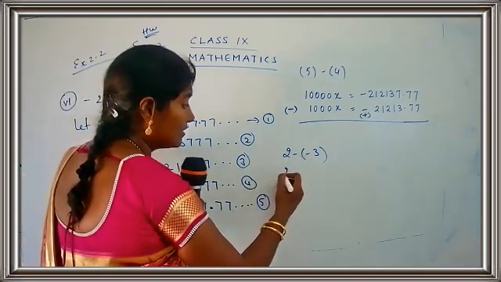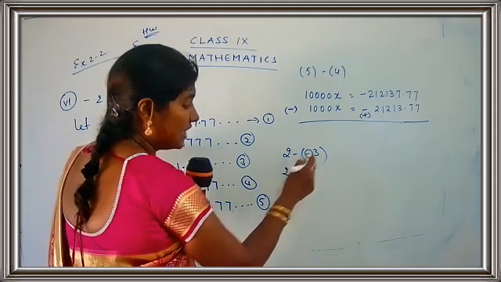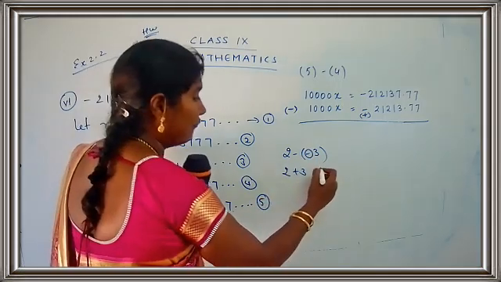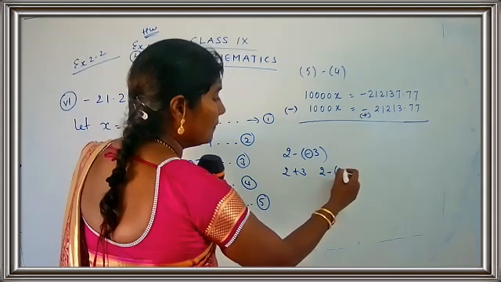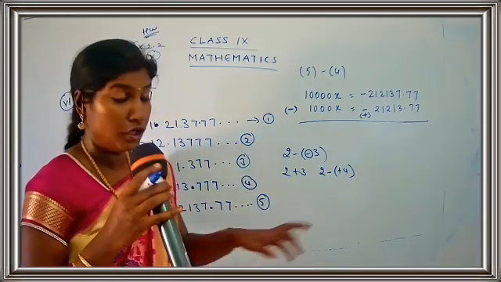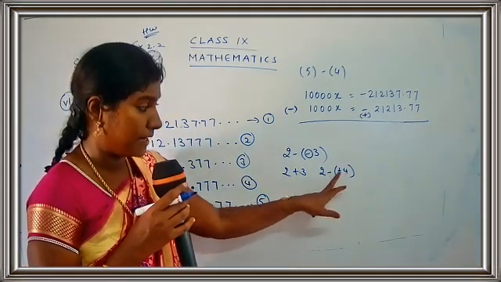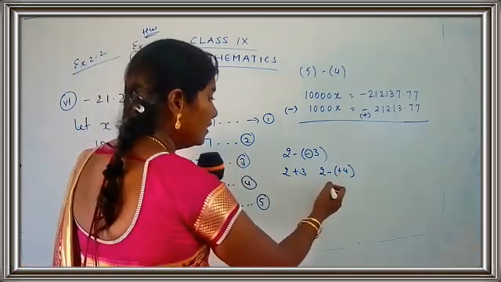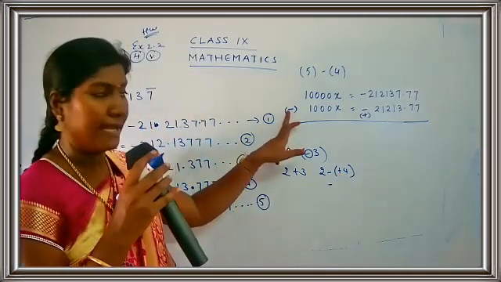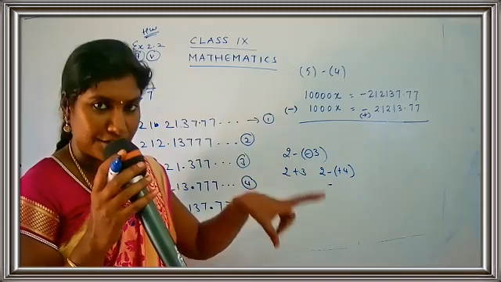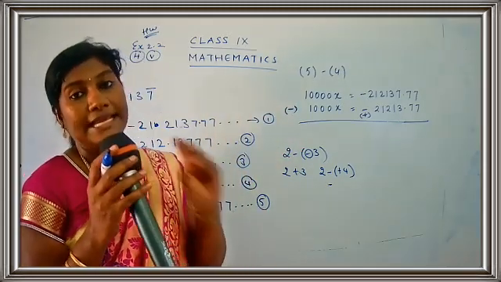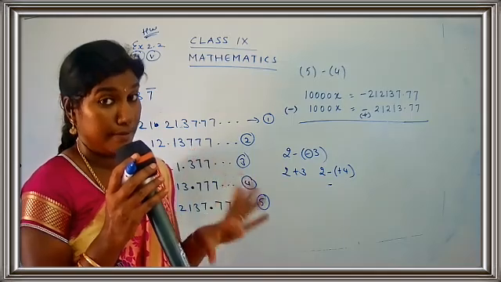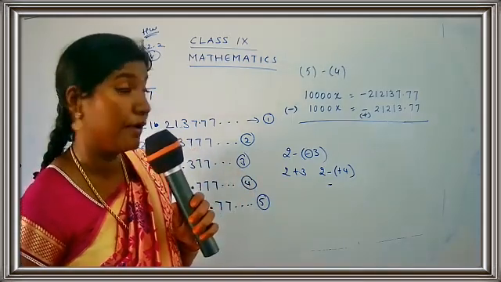That means the minus sign changes to plus sign. If you have 2 minus plus 4, minus plus will become minus. Whenever you do subtraction, the sign of the second number changes. This is a very, very important thing to remember.